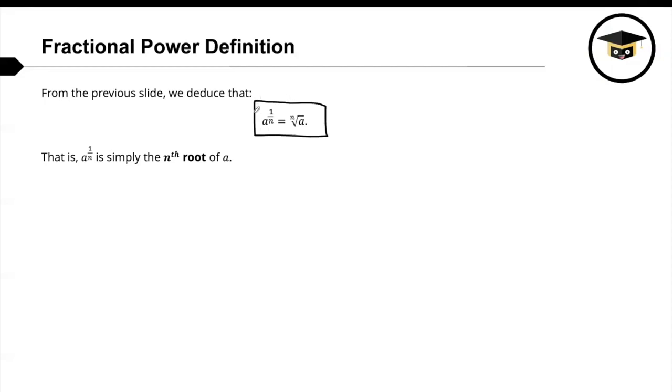Now, what does the nth root actually mean? Well, if I am finding the fifth root of 32, then I'm asking myself, what is a number that multiplies by itself 5 times to give you 32?